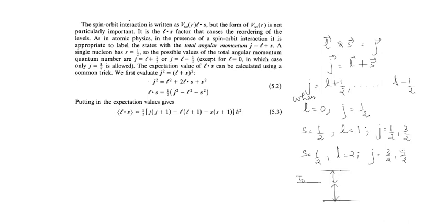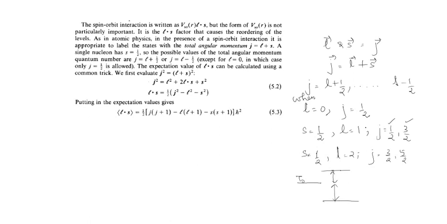Now, J square is J into J plus 1 ħ square, L square is L into L plus 1 ħ square, and S square is S into S plus 1 ħ square. For a particular L value, J can take the values L minus half and L plus half.